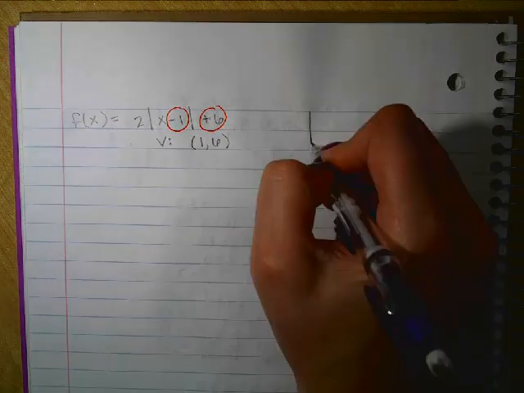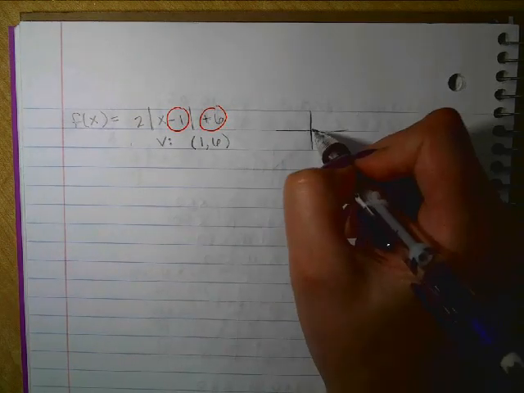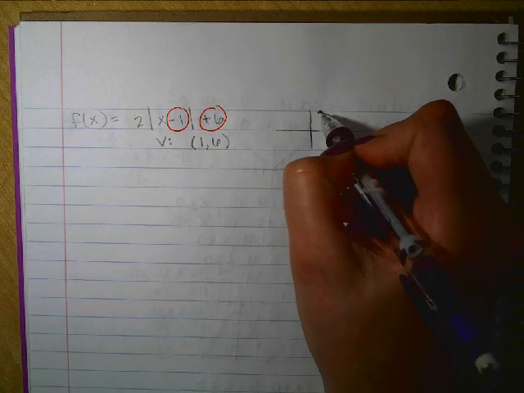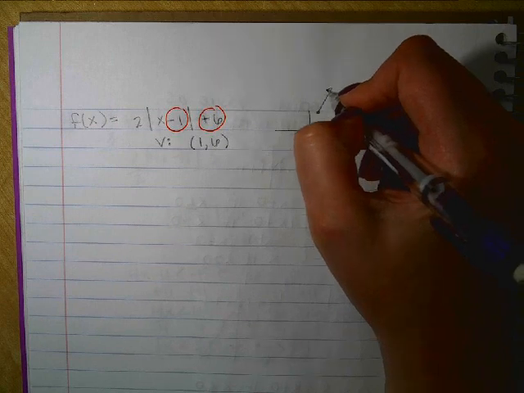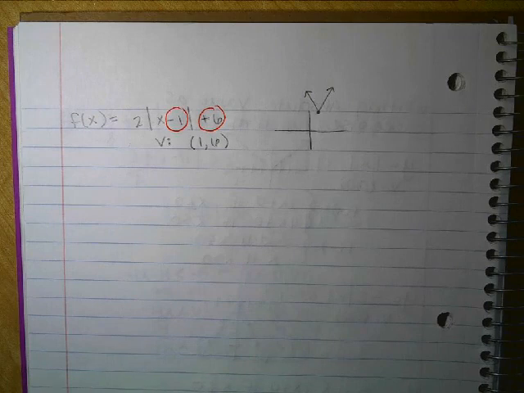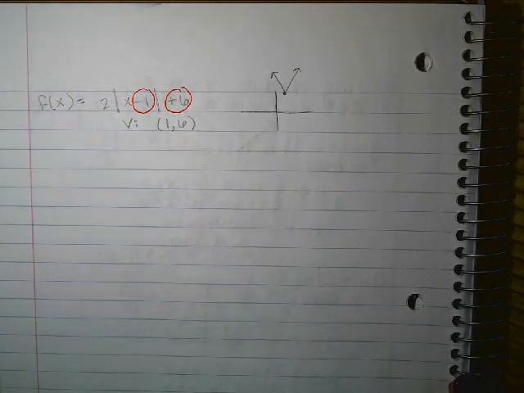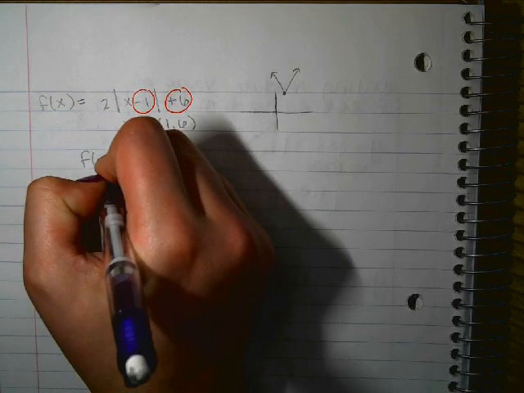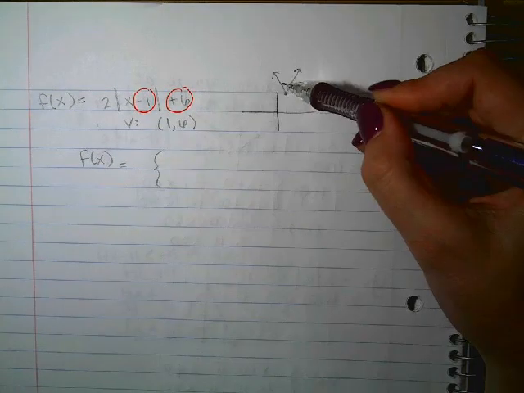So if we were to think of a little sketch of this, we would go to the right one, up 6, and then it's vertically stretched by 2, so it's going to be kind of skinny. It's going to look something like that. Okay, so our piecewise function, we have the negative version on the left side.